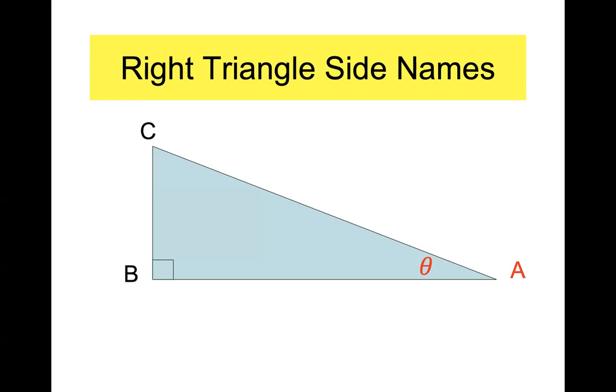So remember how this procedure works. We start with a right triangle. We won't be messing with the 90-degree angle. We'll be messing with the other two angles, in this case, angle C and angle A. Remember, when the angle is unknown, instead of the variable x, we like to use the Greek letter theta to represent that unknown angle. As soon as we pick angle A for that theta, it establishes the names of the three sides of the triangle.